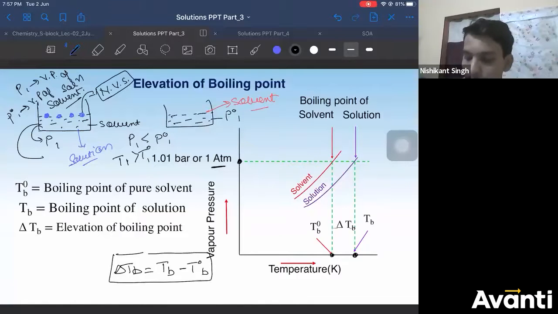I hope it is clear. Please check this carefully. Yes, Dhanush, you are right. Shashwat, I did not understand your point. How do I separate both, meaning what? Are you asking about physical separation or what?